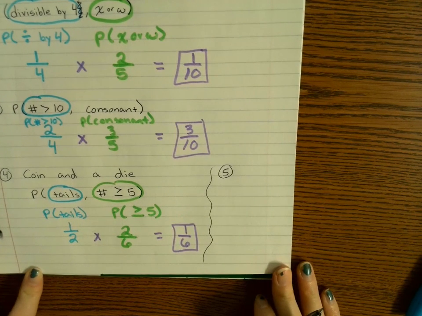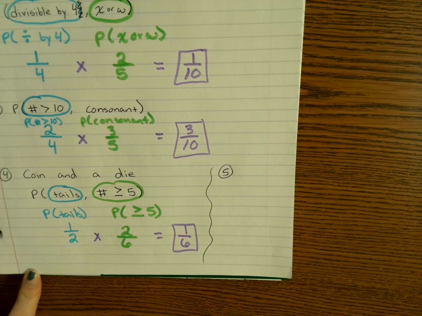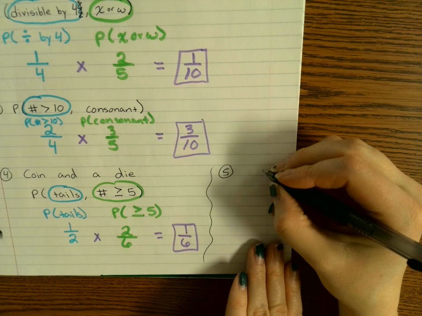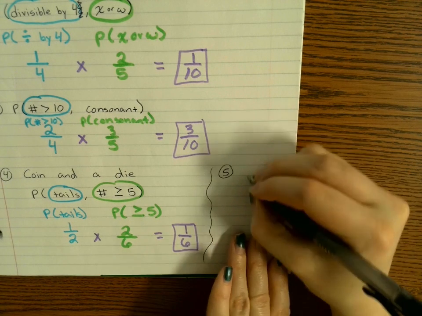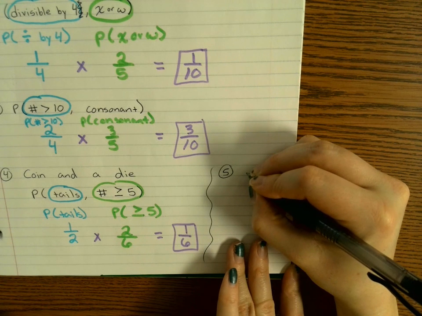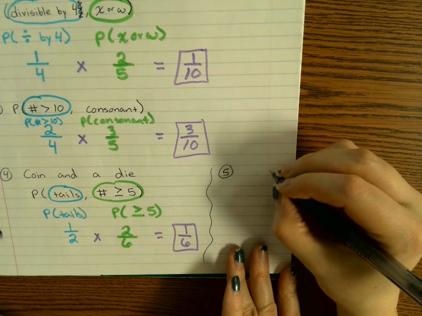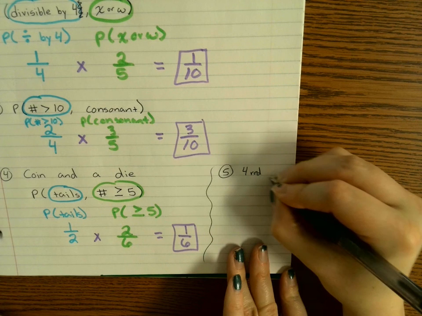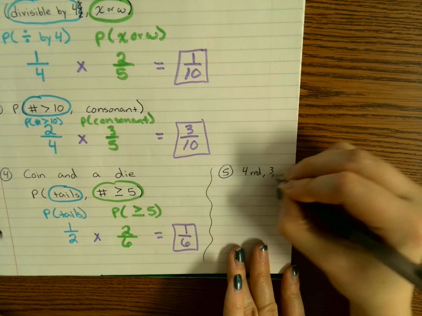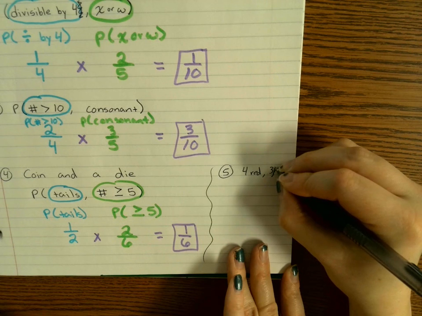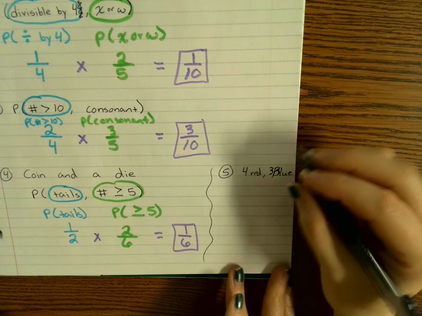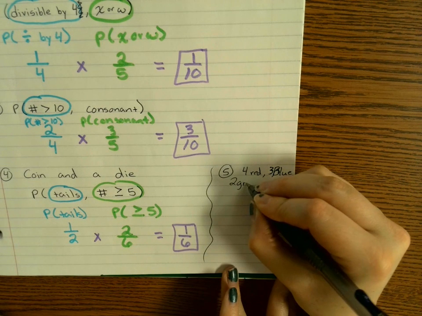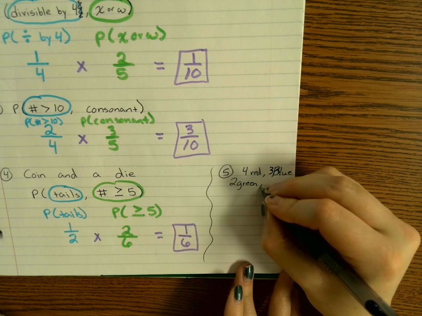Let's say that we've got 4 red marbles, 3 blue, 2 green, and 1 yellow.